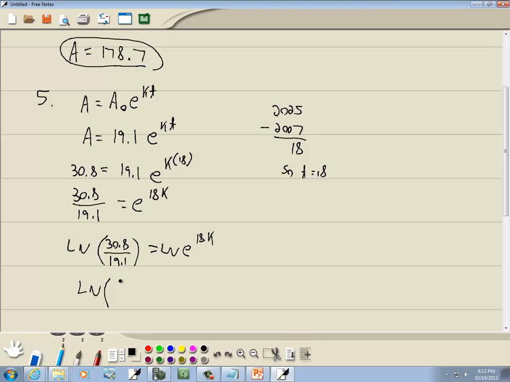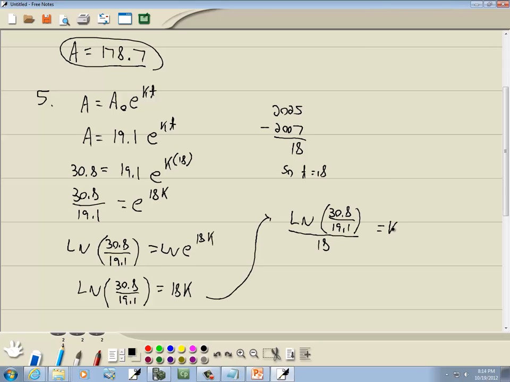And then we get natural log of 30.8 over 19.1. And remember, natural log and E cancel each other away, so that gives us 18K. So then I'll divide both sides by 18. And we've got natural log 30.8 over 19.1 divided by 18 is equal to K.